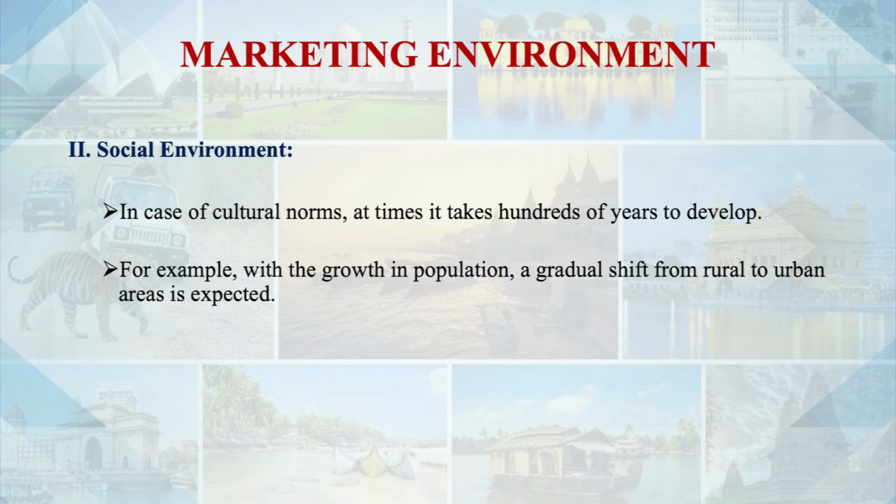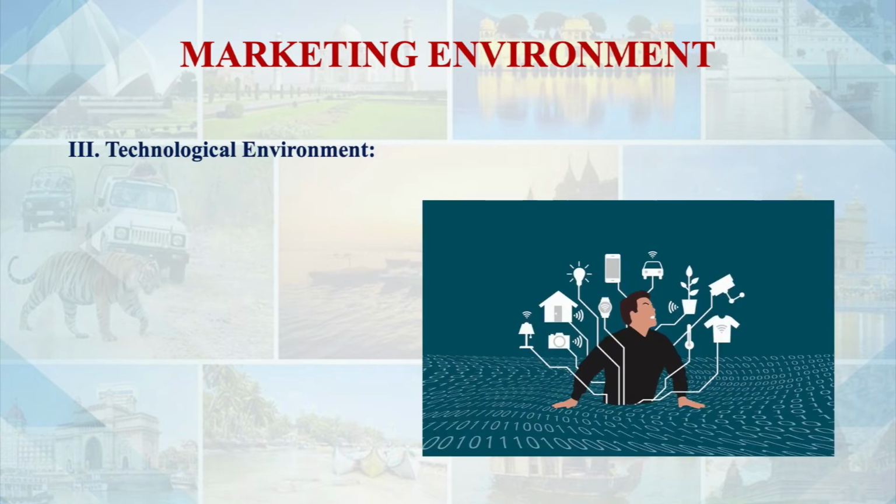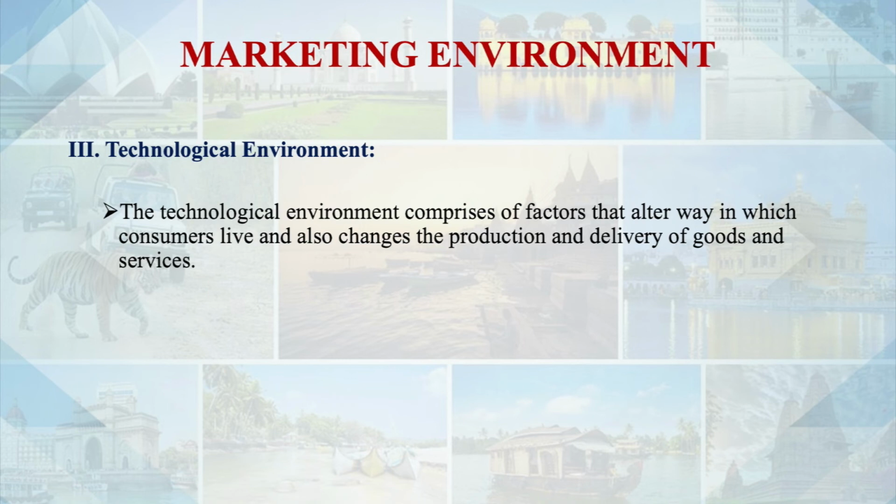Now we are going to discuss the technological environment, which is very pertinent for today's scenario. The technological environment comprises the factors that alter the way in which consumers live in society, and also the change in the production and delivery of goods and services from the place of their production to the place of their consumption.